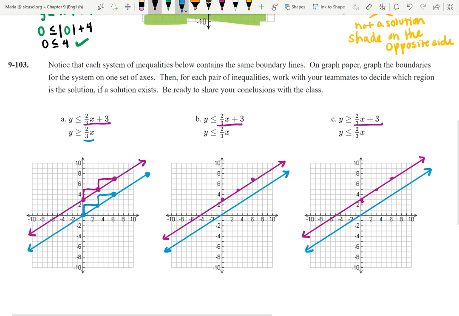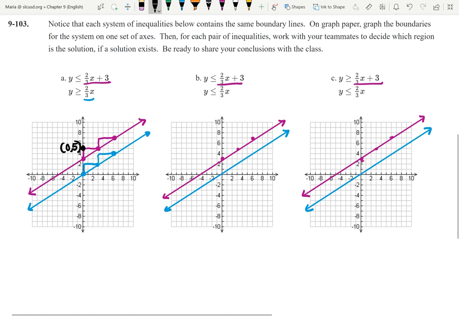Instead, it doesn't really matter as long as it's not a point on one of the boundary lines. Let's pick, I don't know, 0, 5. So I'm going to test the point 0, 5 for the first inequality here in part A to figure out where I'm going to shade.